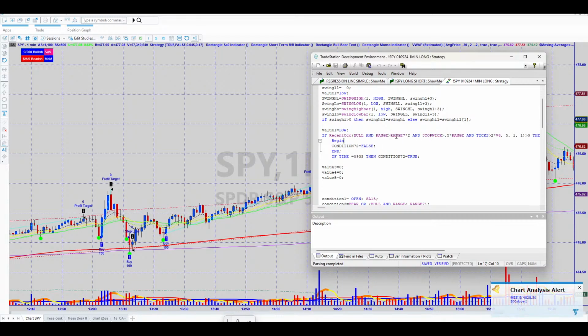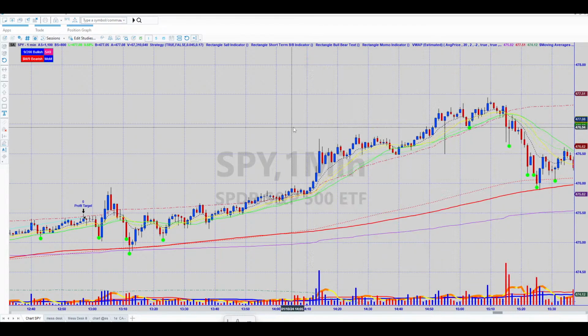If it's a bull and the range is longer than range 7 to 2 and the top wick is greater than half of the range, if the top wick is greater than 33% of the range.